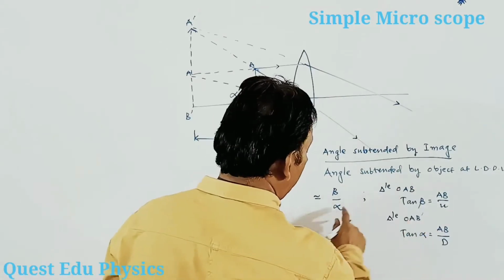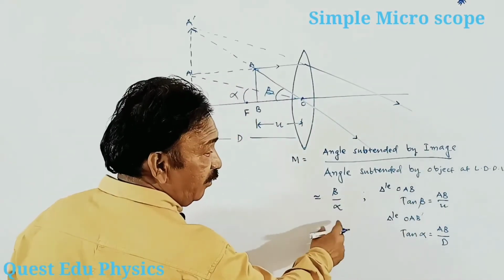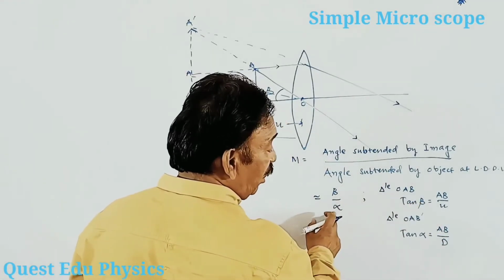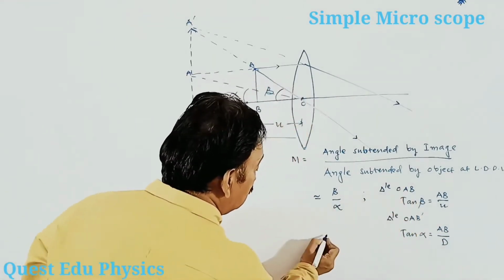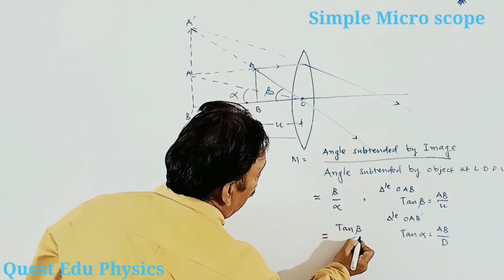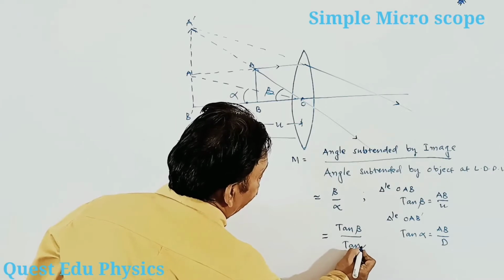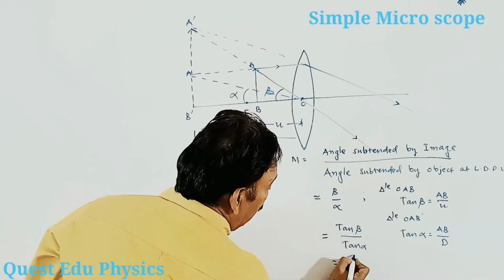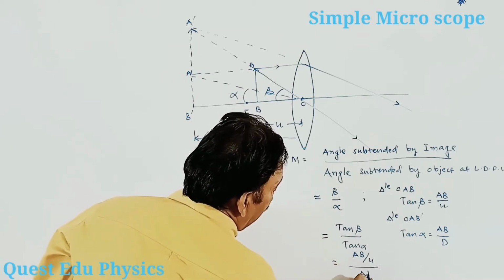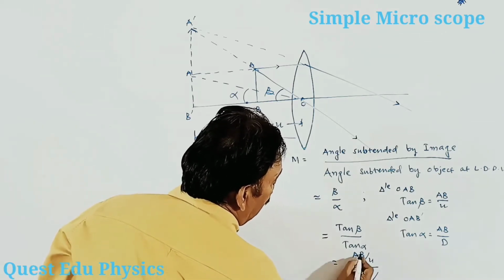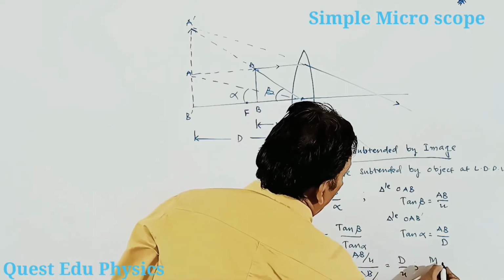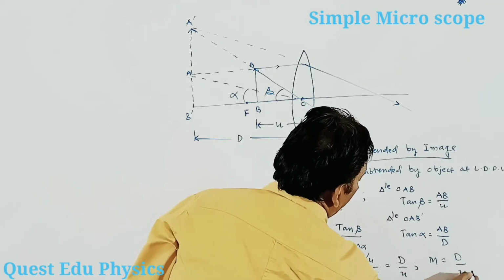We have alpha and beta, and since they are very small, beta can be replaced with tan beta and alpha can be replaced with tan alpha, students. Then it can be written as tan beta upon tan alpha, and finally we got AB by U divided by AB by D. AB gets cancelled and we get D by U. It is the formula for the magnification, students.